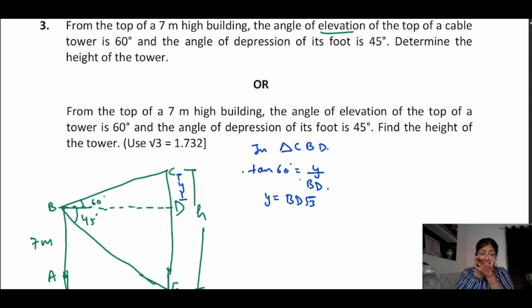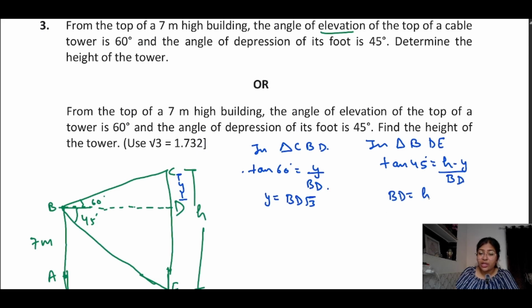Now again in triangle BDE, tan 45 equals h minus y divided by BD. So BD equals h minus y, because the tan 45 value is 1.